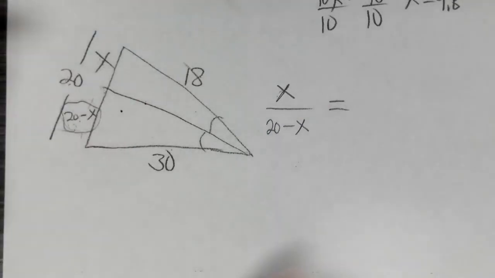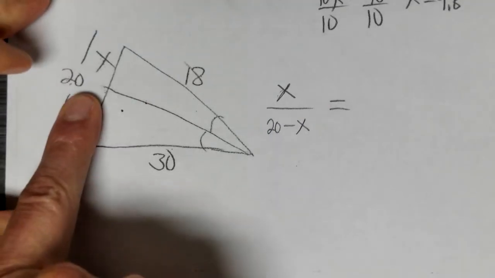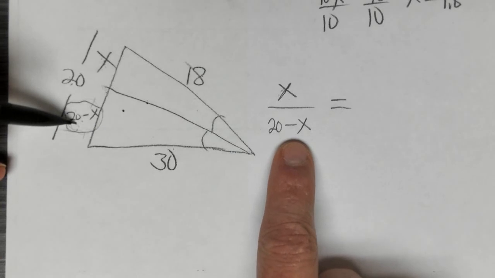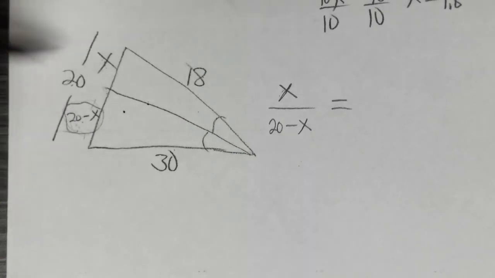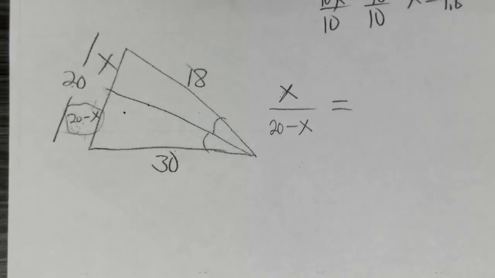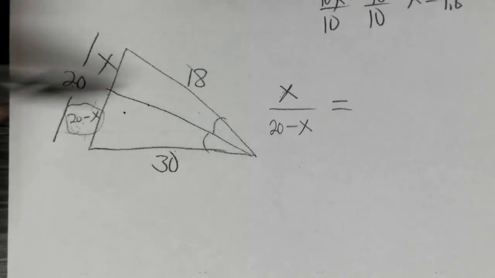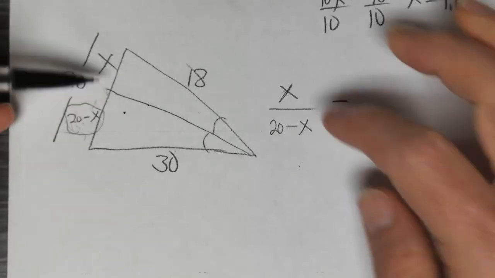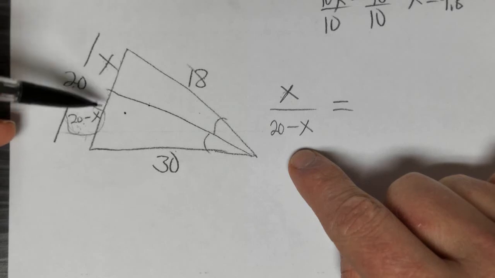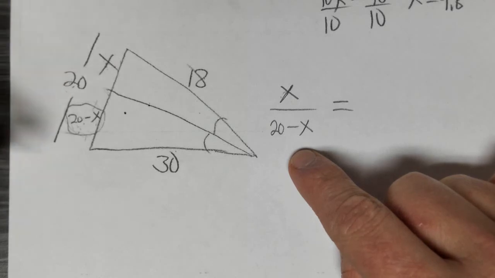So like I say, the one on your quiz is going to have that missing, and you're going to have to come up with that expression in order to make your fraction. Does that make sense? So the whole thing minus this piece equals the other piece. All right? And just make sure that you're not writing x over 20, because that's not correct. It's got to be this piece over this piece, not this piece over the whole thing.